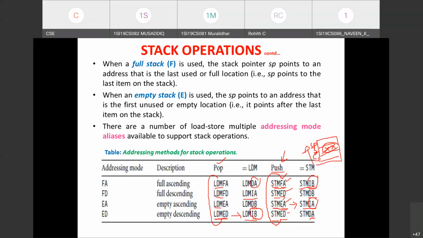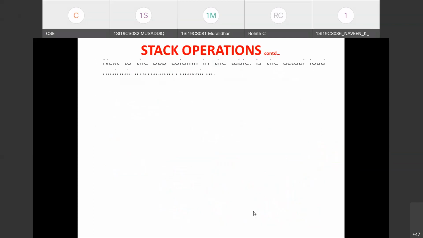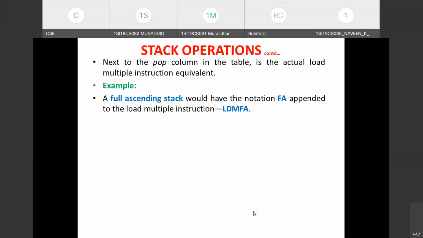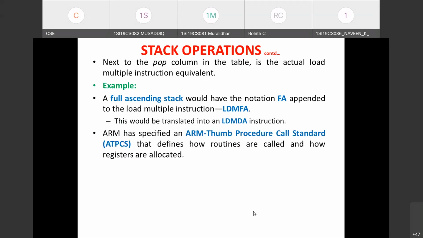Just observe, if it were STM IB for push, the equivalent LDM instruction for pop is LDM DA, just replacing I with D and A with B, and vice versa. This is what you need to know with respect to the addressing modes for stack operations. That's what I've explained in this slide.